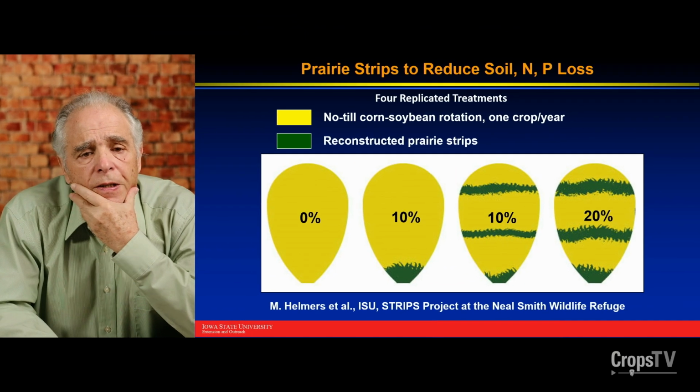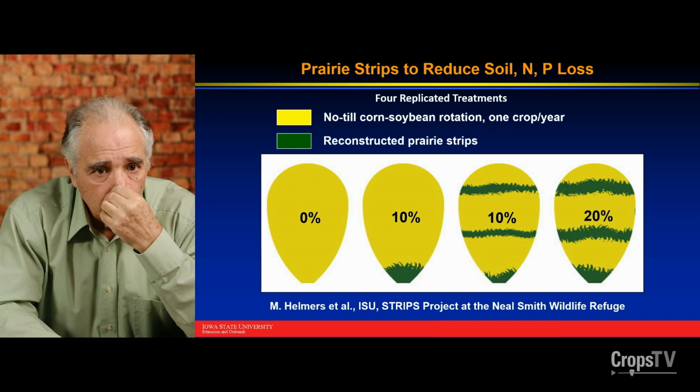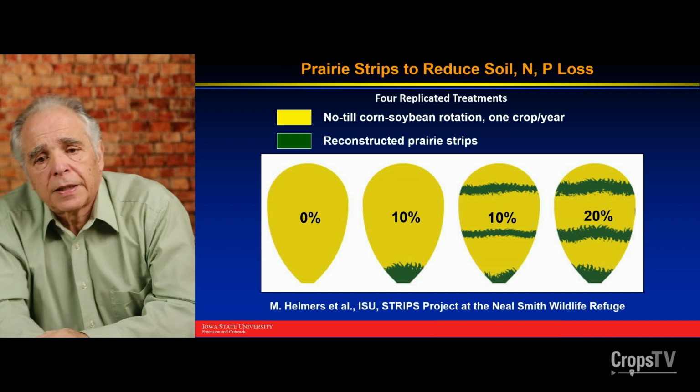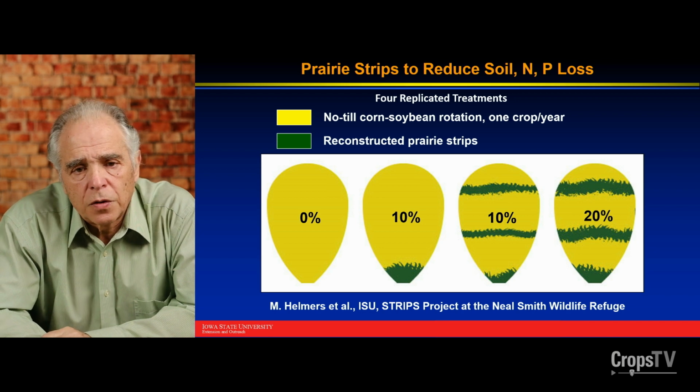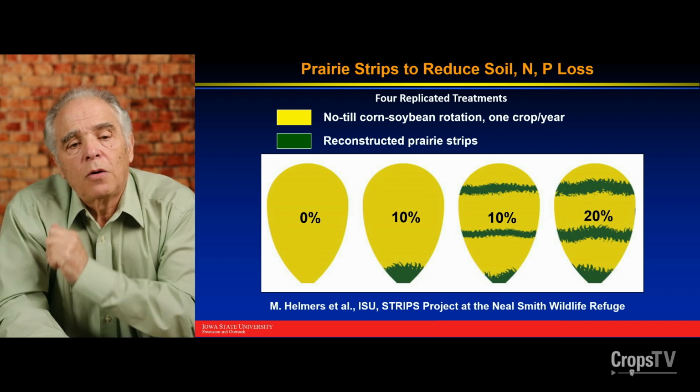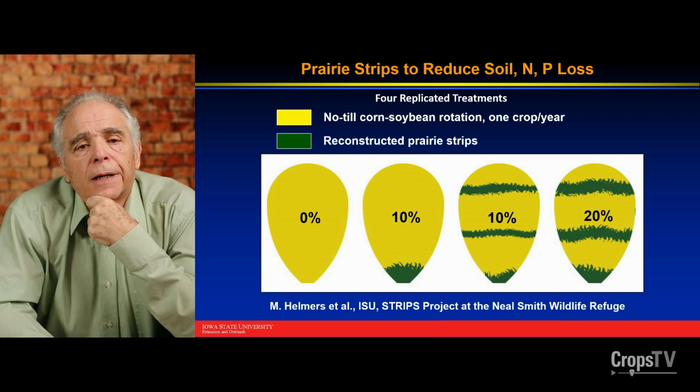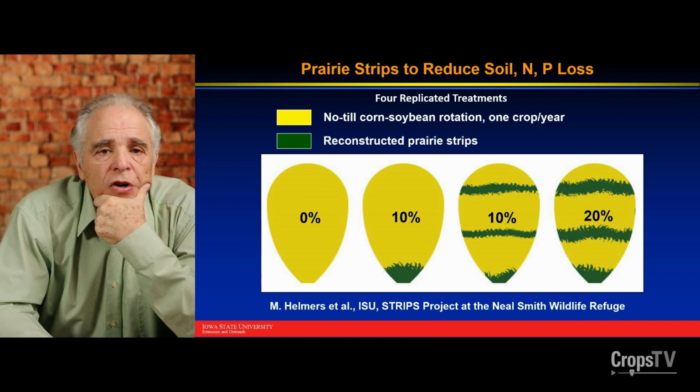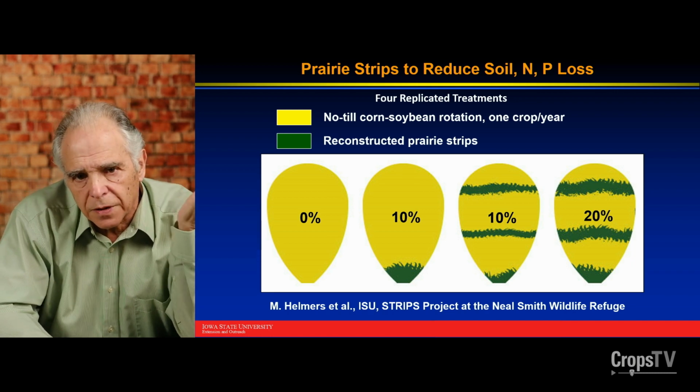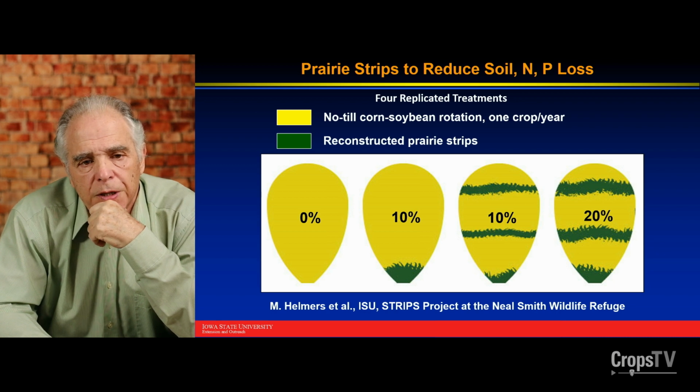Okay, another study, this is a great study that Dr. Matt Helmers conducted in the Neil Smith Wildlife Refuge for several years, and they were looking at the impact of reconstructed prairie strips. That's grass buffer strips.